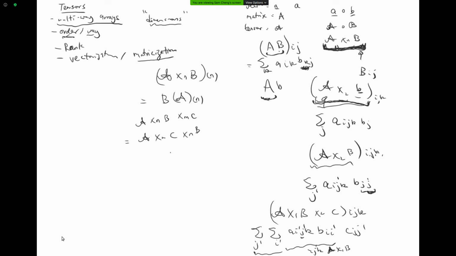So when I swap the summation, then I will have A times_2 C times_1 B instead. Therefore the order does not matter in this sense.